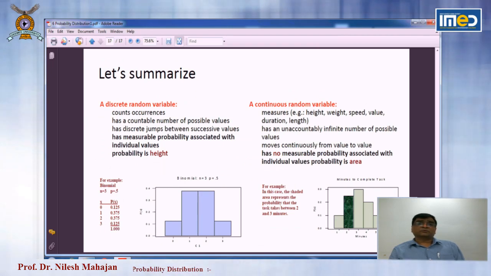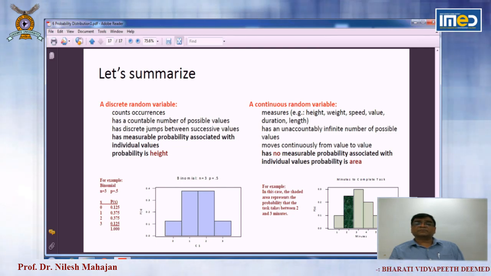So now we summarize what we are teaching today. The first is the discrete random variable, and the second is the continuous random variable. What is a discrete random variable? It counts occurrences, has a countable number of possible values, has discrete jumps between successive values, and has measurable probability associated with individual values.